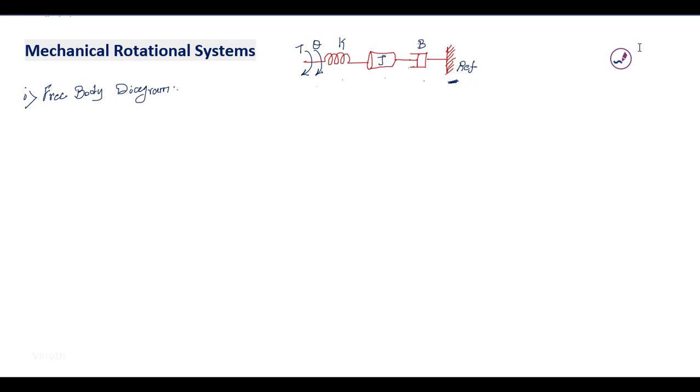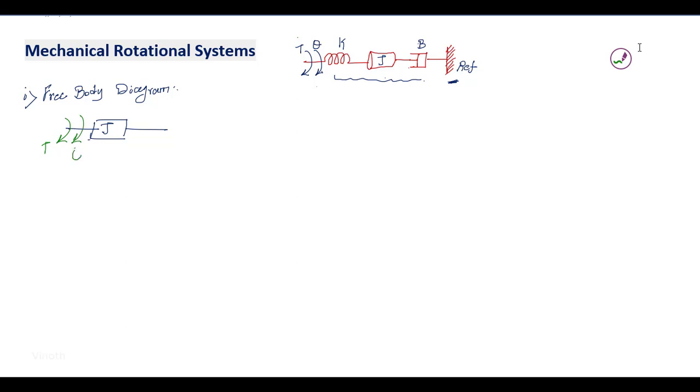The free body diagram of the given rotational system can be drawn as follows. We first consider the mass element, that is J. We know all the reactant torques due to the elements present in the system are opposite to the external torque. Here the external torque is T, applied in the clockwise direction.